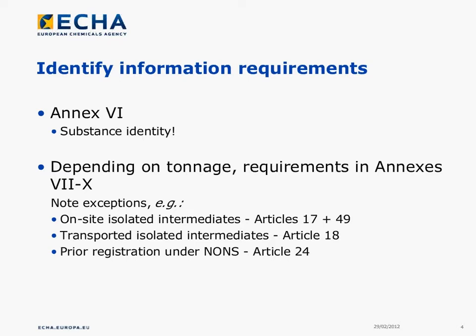Moving on from that, you then have the information requirements of Annexes 7 to 10. This is a tonnage-based scheme where, as the tonnage increments per year, as the amount of tons of chemical per year goes up, you have to fill in more of the Annexes 7 to 10. Be aware that there are exceptions to this scheme. For example, on-site isolated intermediates have Articles 17 and 49, and so they have a different scheme.